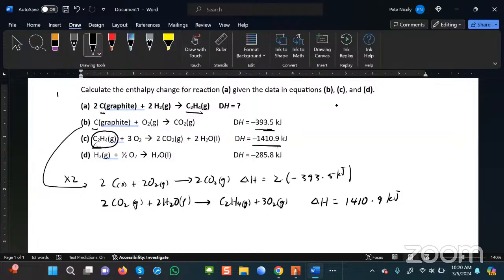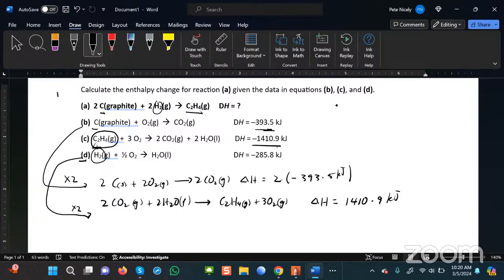Okay, and then now we get to the third and final equation that we need to work with. And what do we see when we compare this equation, D, to equation A? We notice that they have in common H2. However, we have 2 as the coefficient in front of the H2 in the original equation, which means that we need to multiply this equation by 2.